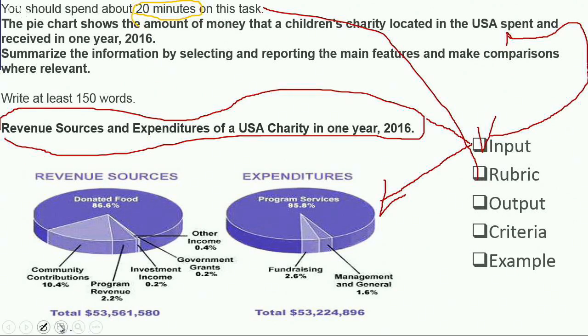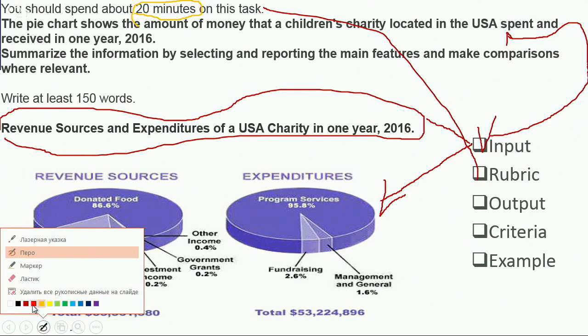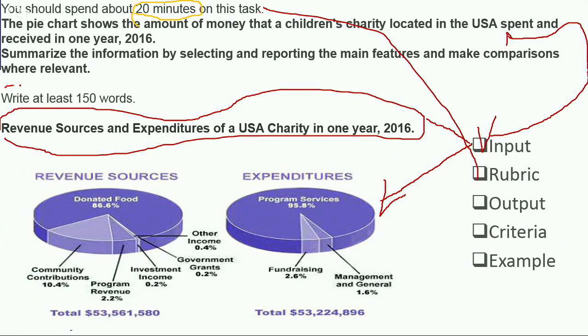The second part of the rubric is write at least 150 words. Write at least 150 words, which is also part of the rubric. But 150 words also characterizes the output to some extent, right?